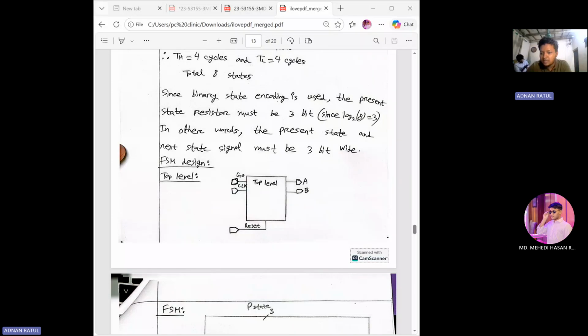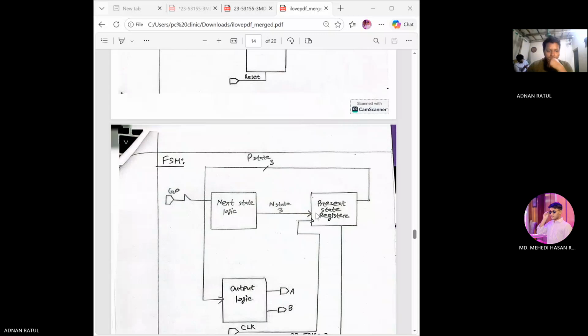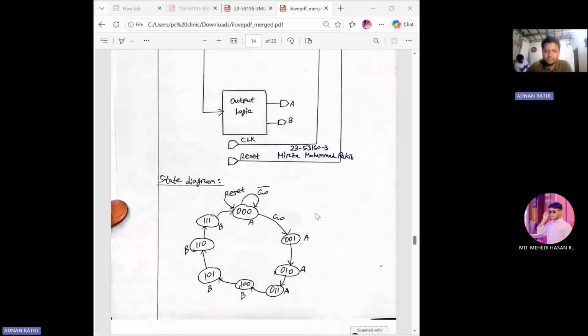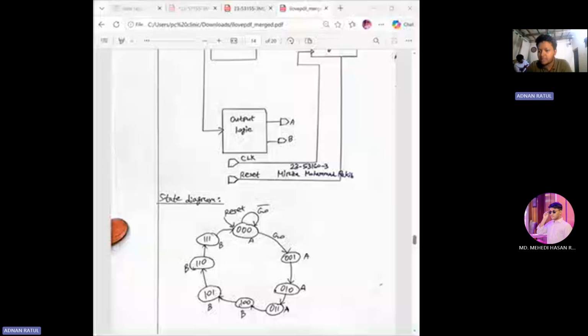The state diagram starts with state 000, which is the idle and reset state.